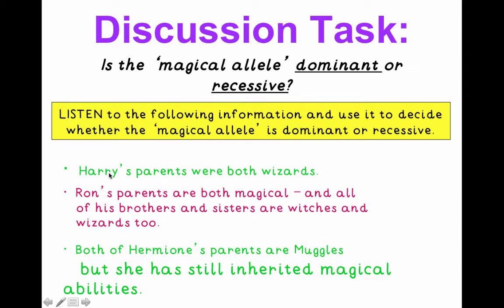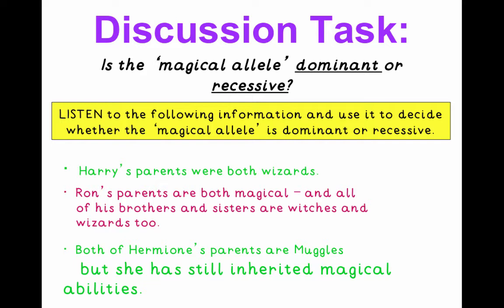Now, Ron, a friend of Harry, both of his parents are magical, and also all of his brothers and sisters are witches and wizards. They have another friend called Hermione. Now, both of her parents are muggles. They cannot do any magic at all. However, they had a child that had magical abilities. How is that possible? Think about it for a little while.